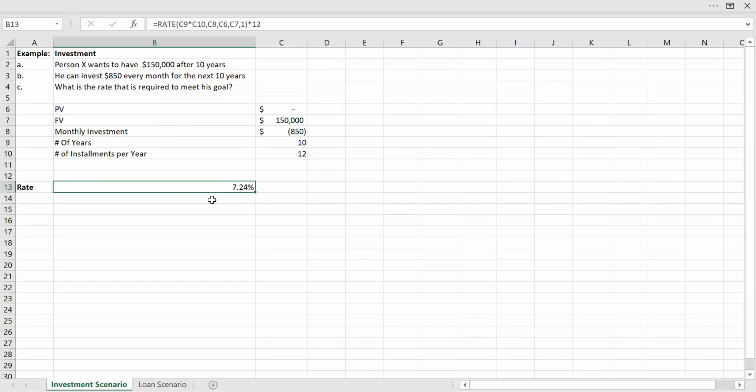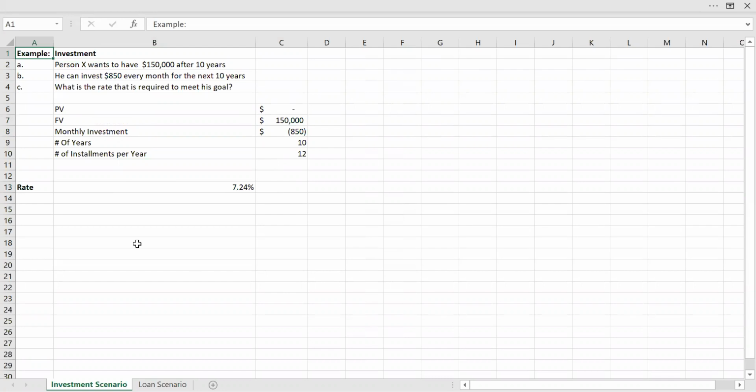If he invests in any instrument with a minimum rate of 7.24 percent, he will be able to achieve his goal of $150,000 after 10 years with a monthly investment of $850. Okay, so this is how we can use a rate function.